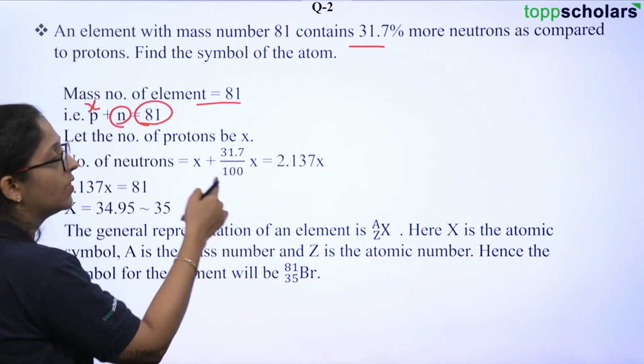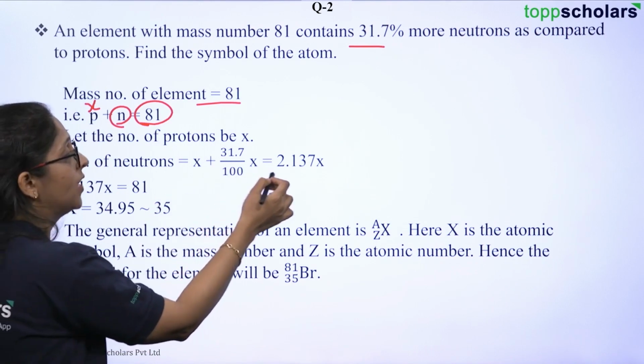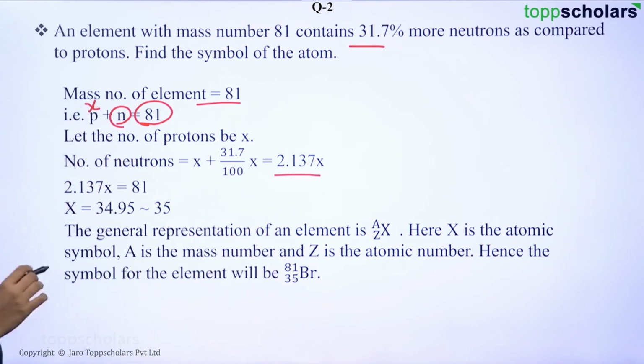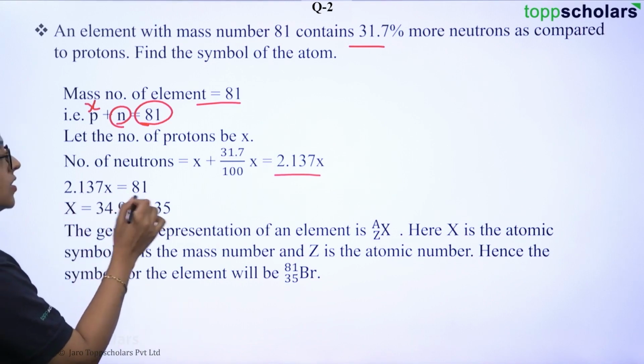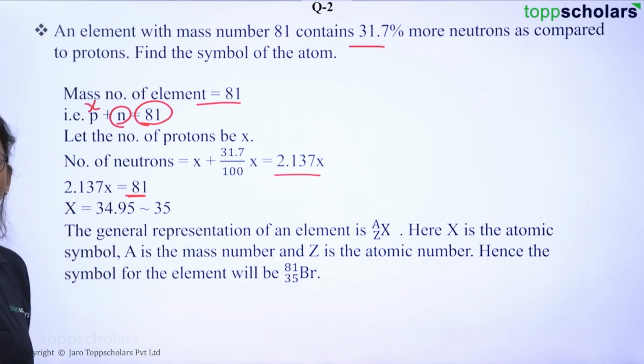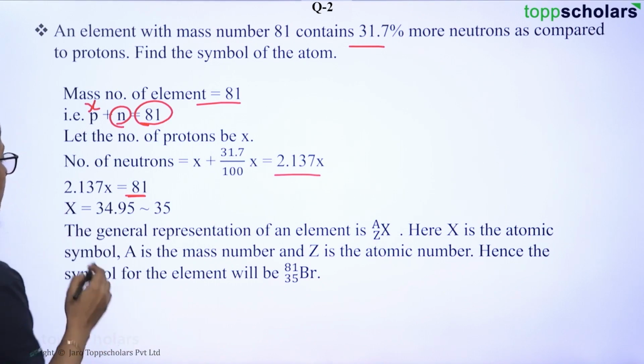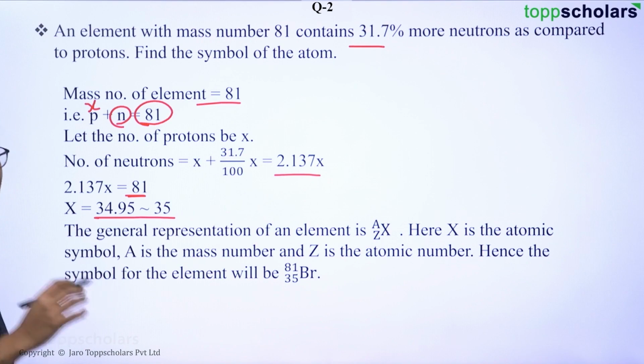So 31.7 divided by 100 percentage of x, which comes out to be 2.137x, alright. So we can say that 2.137x is equal to 81 because total mass of the atom is 81. So x comes out to be approximately 35.